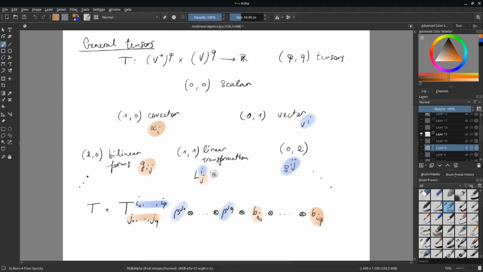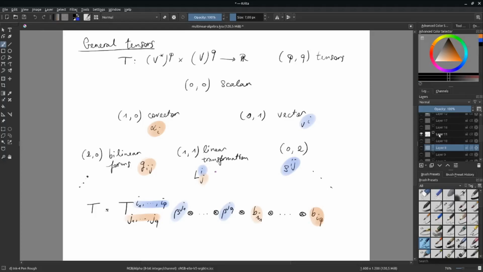If I use terms from functional programming, I can curry my operation by applying a vector. If I multiply a vector, I have to sum over my contravariant indices, and all that's left is one covariant index. I have to sum my j with my i.